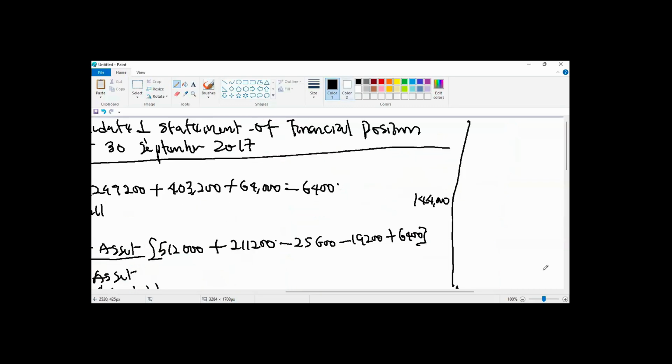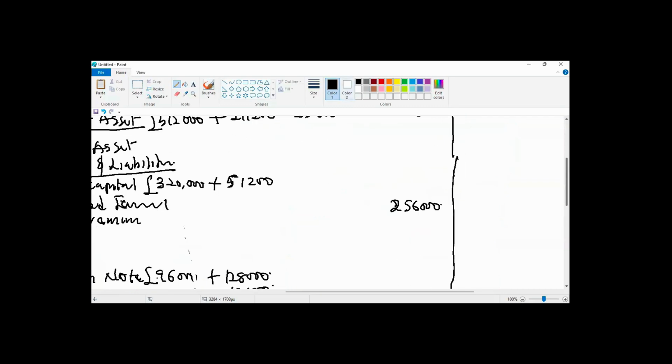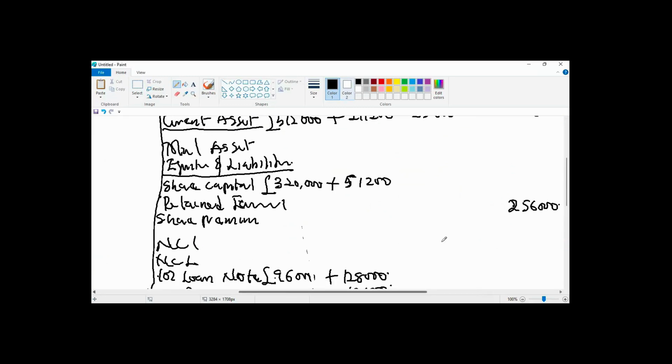So my NCI is 195. Then my retained earnings is 1,142,400. The share capital will be 371,200.